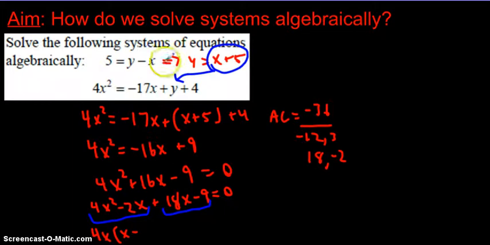No, not 4x, excuse me. 4 doesn't go into 2. 2 does. So that's 2x times x minus 1. This has a GCF of 9, so plus 9, leaving over a 2x minus 1. Equals 0.